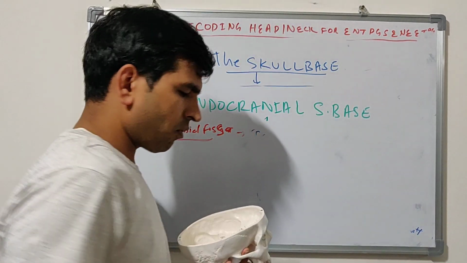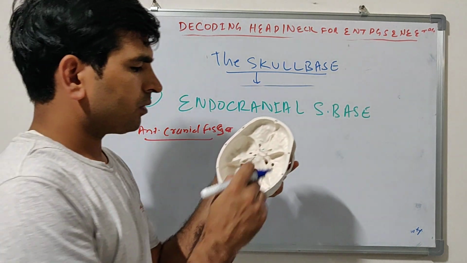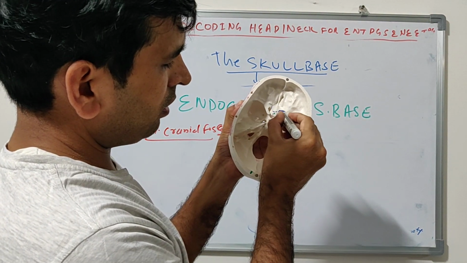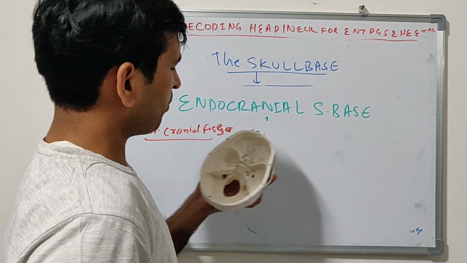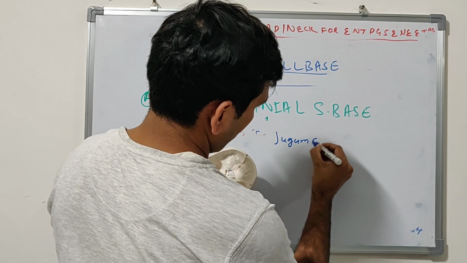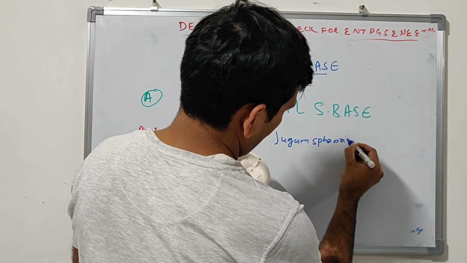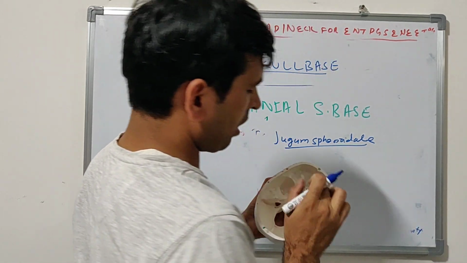Now in the anterior cranial fossa, the area posterior to the cribriform plate is called the jugum sphenoidale. It is mainly hard bone.